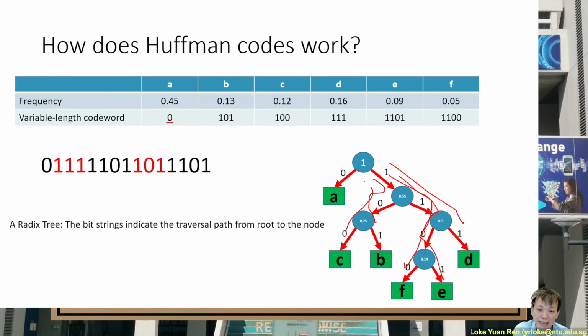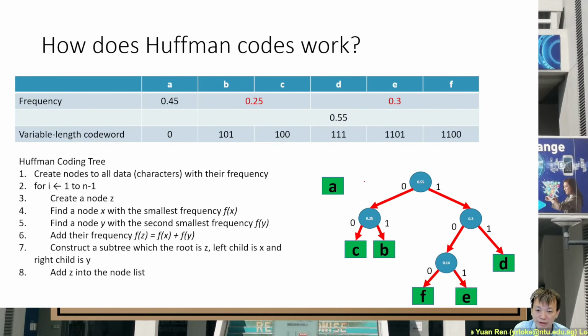I didn't go into too much detail. If you look at it carefully, there is something where you need to find the smallest thing. So you need to very efficiently search for the smallest frequency in the list. Here I just simply said list, but actually it's not a list. You need to use another data structure called a priority queue, and you need to do some sorting.